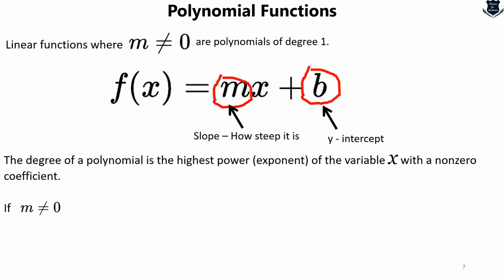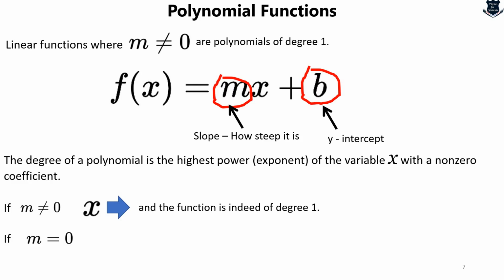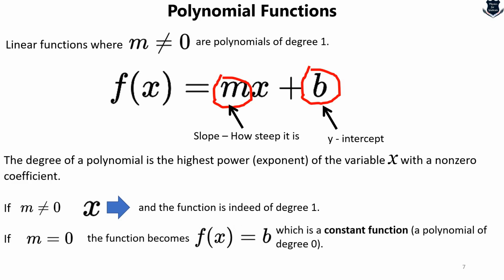So if m is not equal to 0, and the x term is present, the function is indeed of degree 1. However, if m is equal to 0, the function becomes f(x) = b, which is a constant function, and it is a polynomial of degree 0.